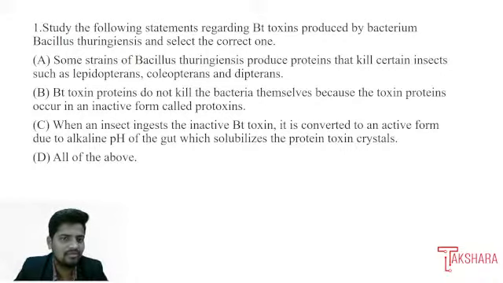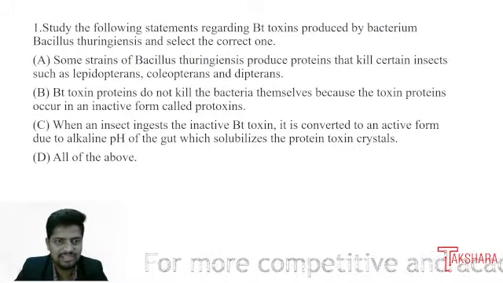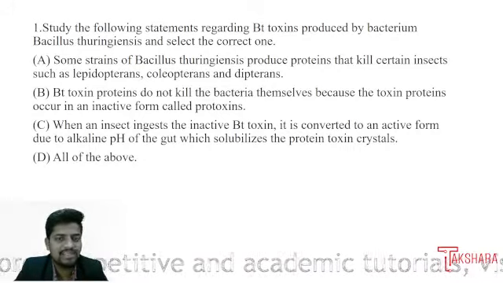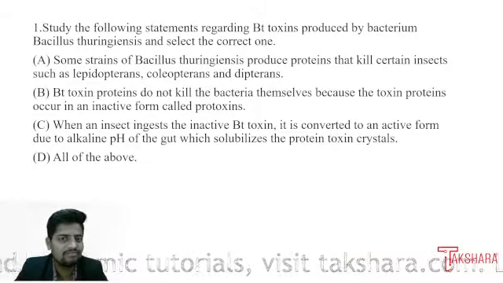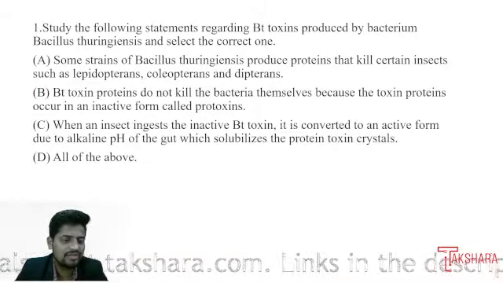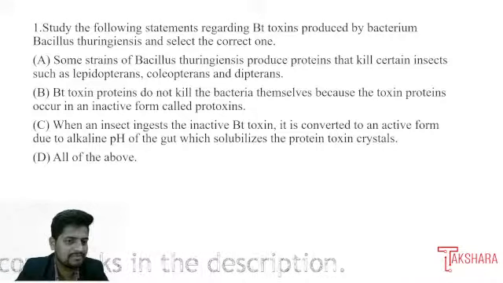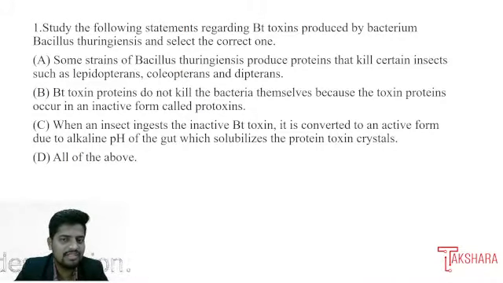Study the following statements regarding the Bt toxin produced by a bacterium, Bacillus thuringiensis, and select the correct options. So, four statements are given, related to the concept of Bacillus thuringiensis.